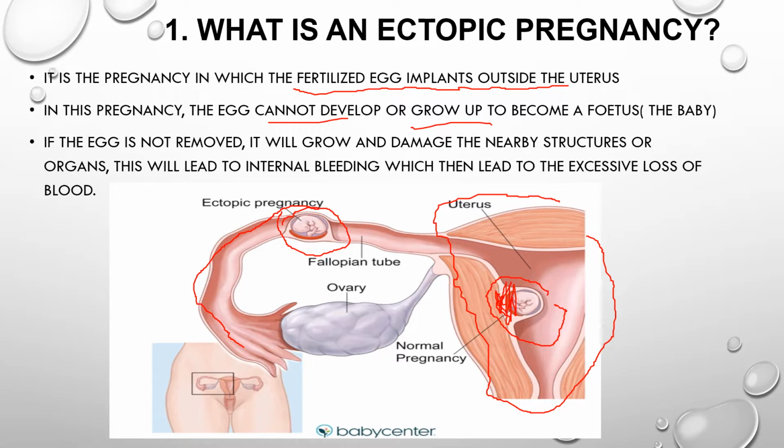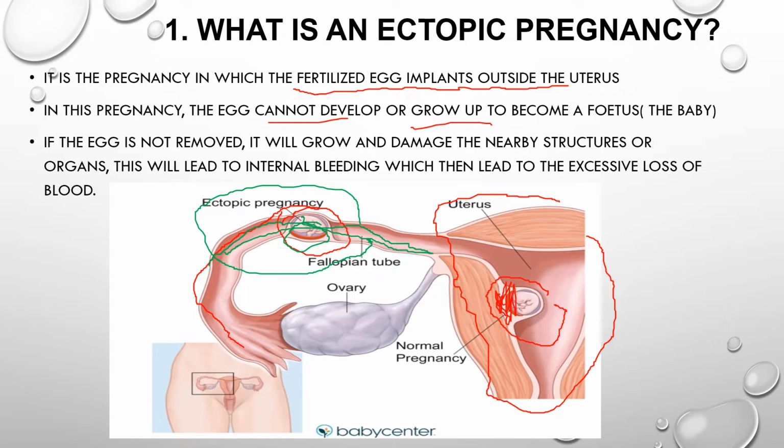And when this egg grows here, I'm highlighting in green now. When this egg develops in this area, what will happen? It will damage this tube. This is the fallopian tube. It will damage it because it's not meant to be enlarged this much. So once it ruptures, we use the term rupture.